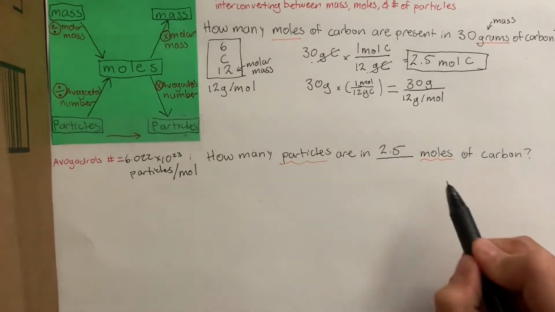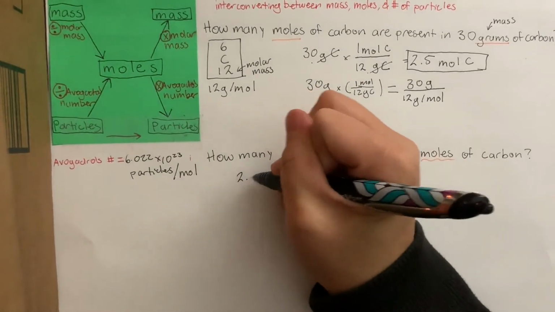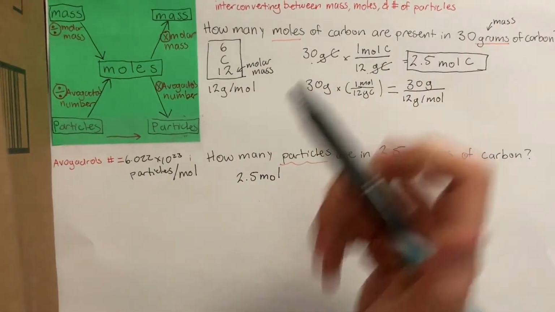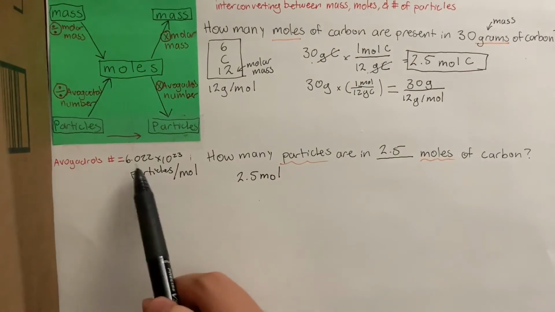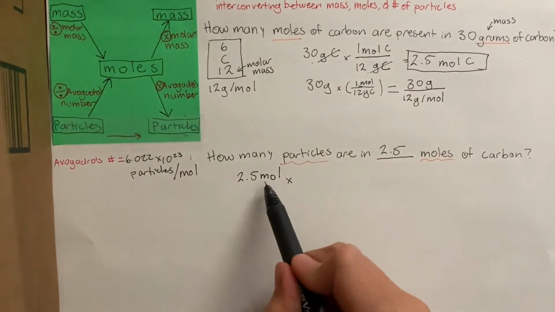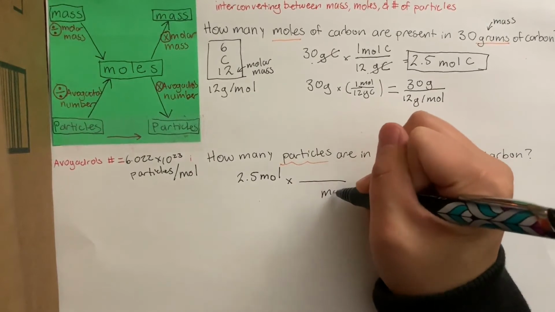All right, so we start with what we already have, which is 2.5 moles of carbon. We have the conversion factor of 6.022 times 10 to the 23rd. So we want to eliminate this mole unit and have mole on the bottom.